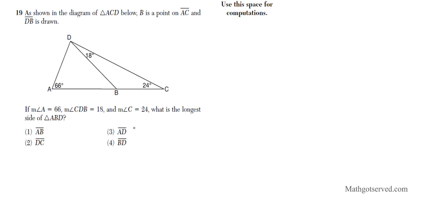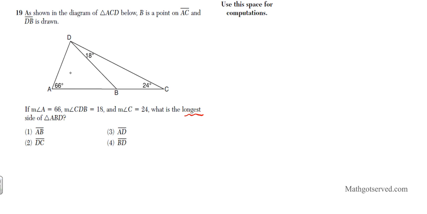So for this, all right, let's see. In triangle ADB, we're just focusing on this triangle right here. It says, what is the longest side? Now, what determines the longest side of the triangle? Well, the longest side is always opposite the biggest angle.